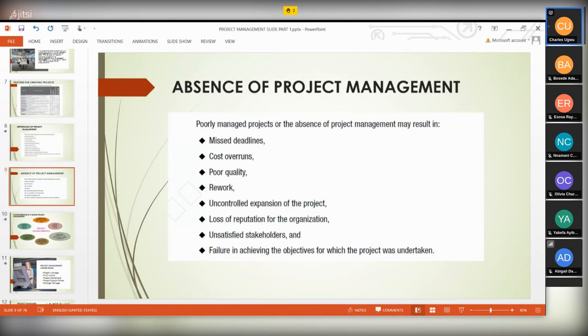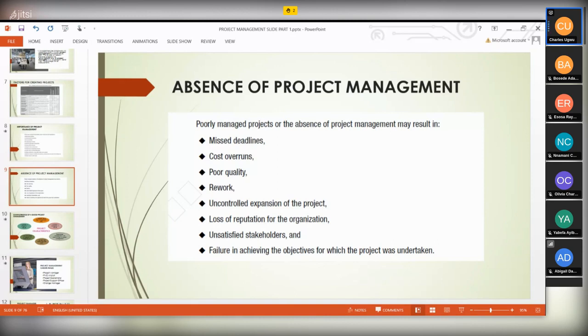These are the things I've just finished explaining. So it's very glaring, it's very obvious that project management is very useful, it's very important in managing projects. So many people don't manage their projects using project management. So that's why project managers are very good. They are in high demand everywhere.